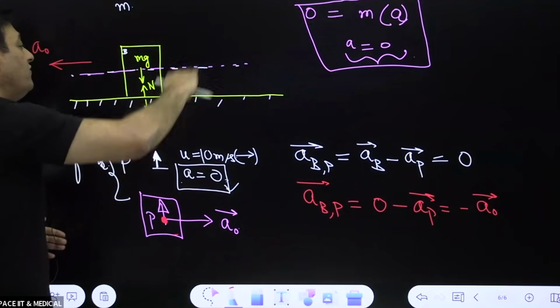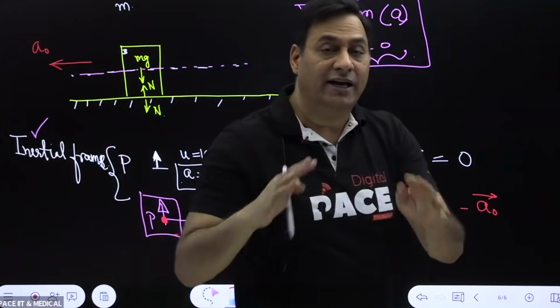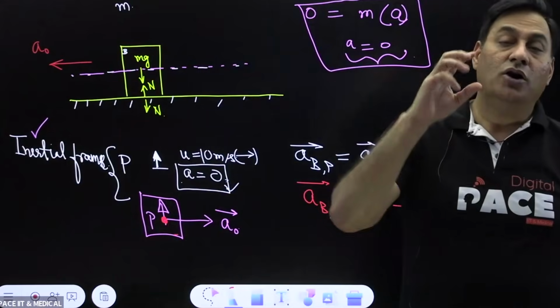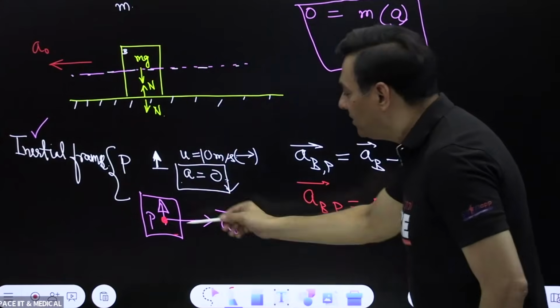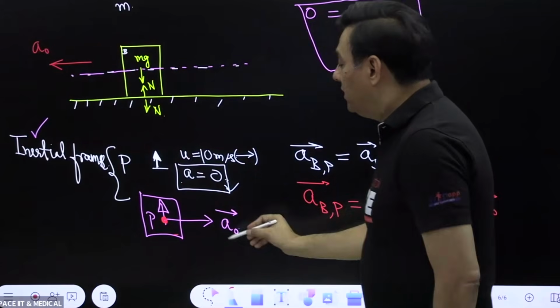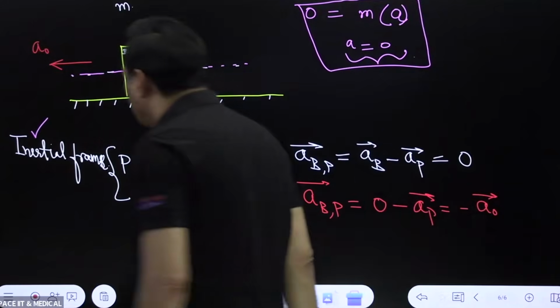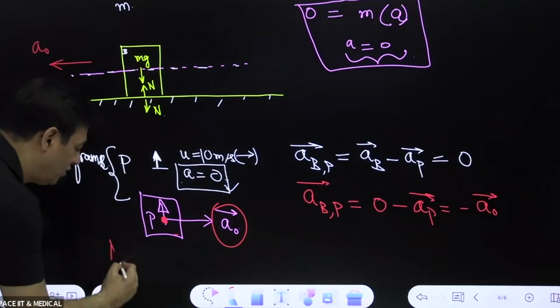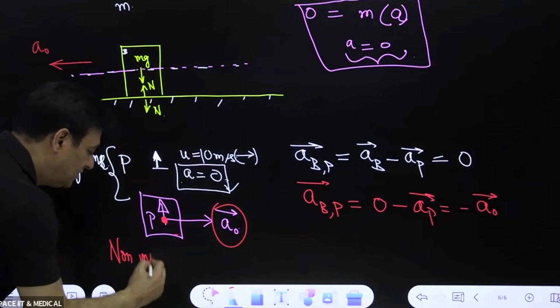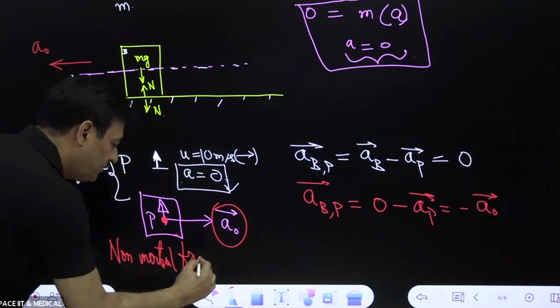Because there is no horizontal force acting on this block. So Newton's laws fail in non-inertial frames. In my frame inside this car, when I am observing any other body, because my car is accelerated, my frame is a non-inertial frame.